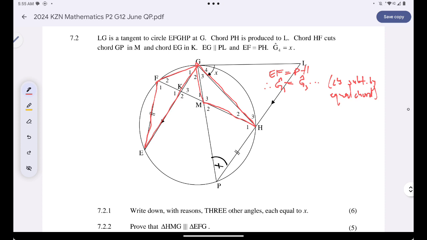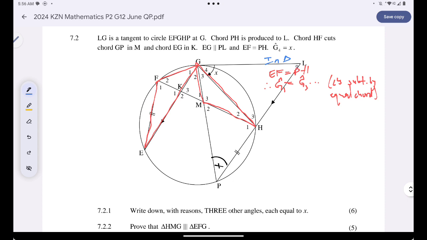If 2 angles are subtended by equal chords, therefore those angles should be equal, guys. And I also know that, let me write this first.